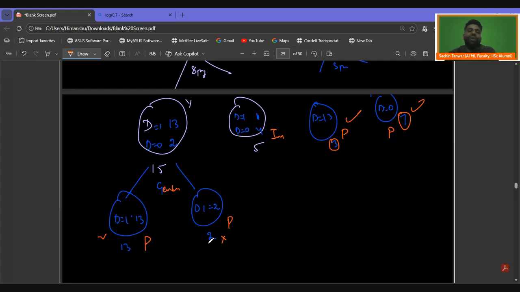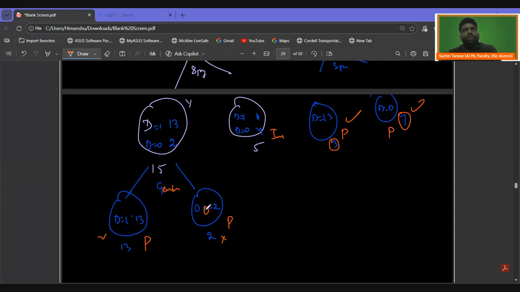That would not really be a good idea. This has to be D0. They would not be liking it because there are only 2 people. If there had been just 1 person, I would again say it is not a good idea. Just on the basis of 1 person or 2 persons, I should not say that somebody would like or not like this movie.